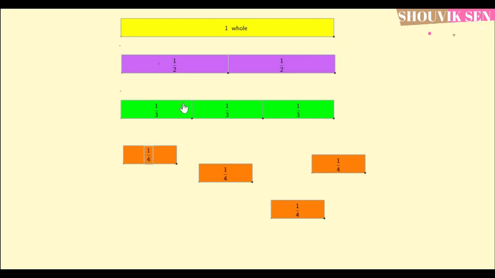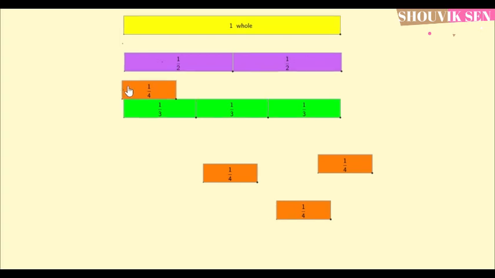We are introducing 4 of 1/4, and I am telling you that 4 of 1/4 will make 1 whole. And before that, check how many 1/4 make a half. I have kept 1/4 here. Let us bring the other one and keep it attached to the previous one, and you can see 2 of 1/4 is equal to 1/2.